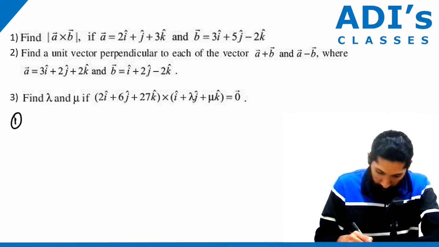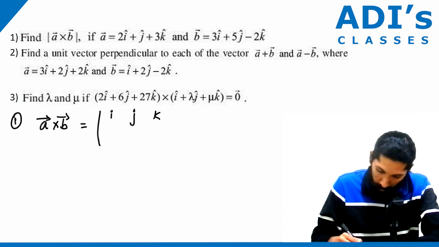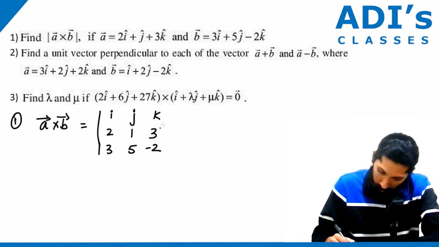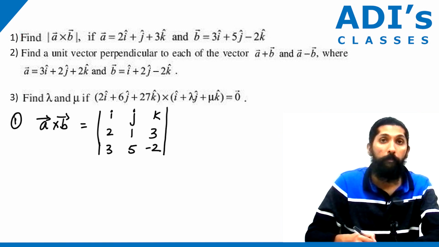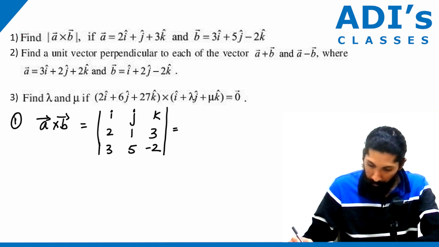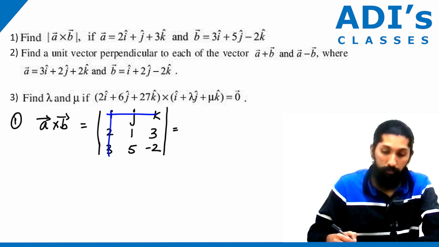So A cross B is equal to the determinant of I, J, K, 2, 1, 3, 3, 5, minus 2. Okay, now let's do this one. What do we have? I into, remember, when you take I, take off the row, take off the column.